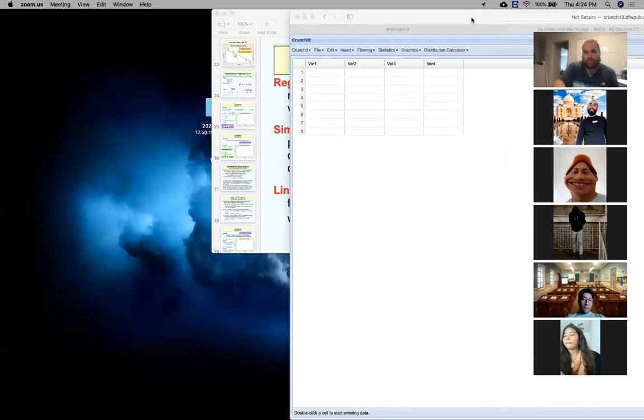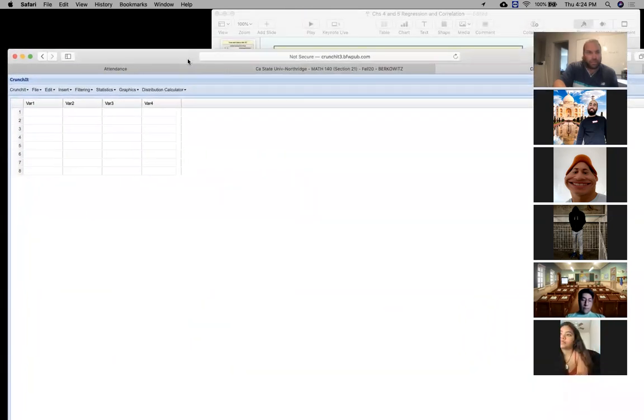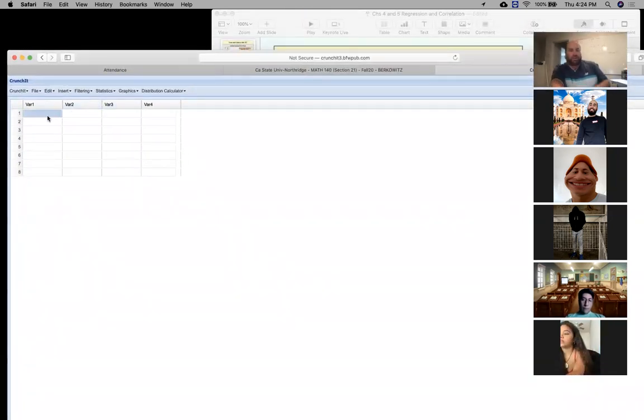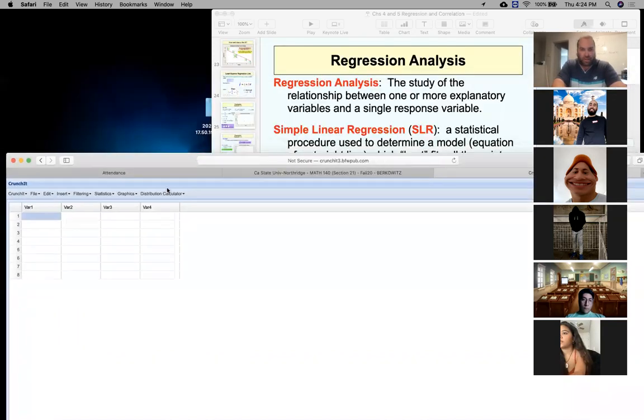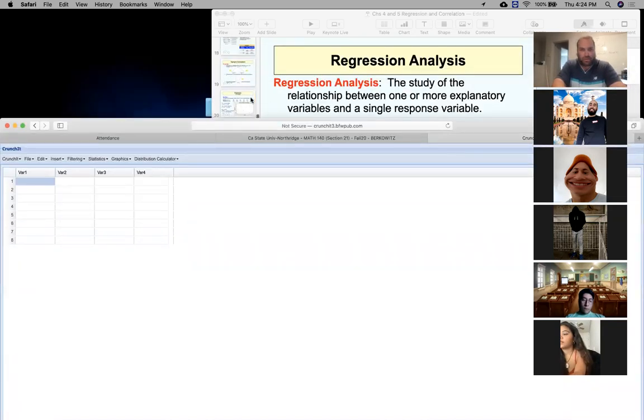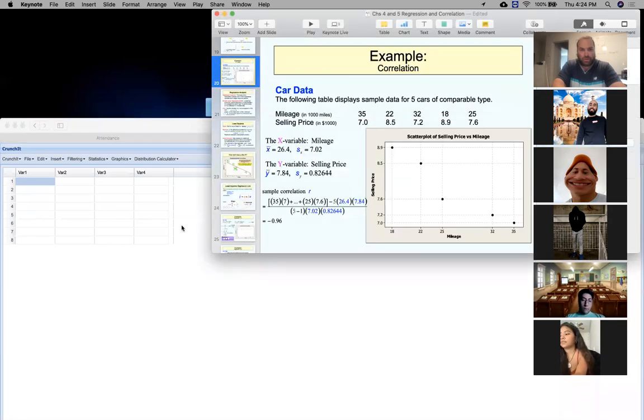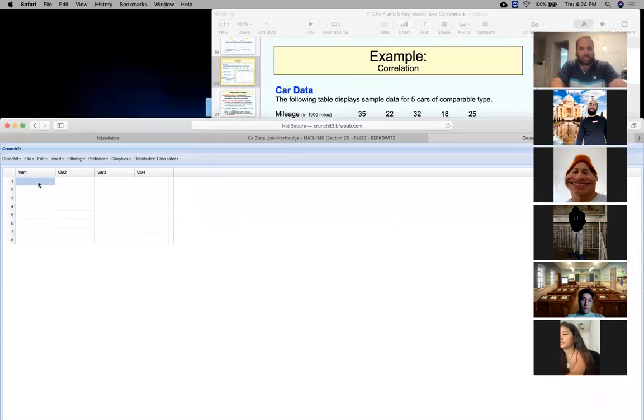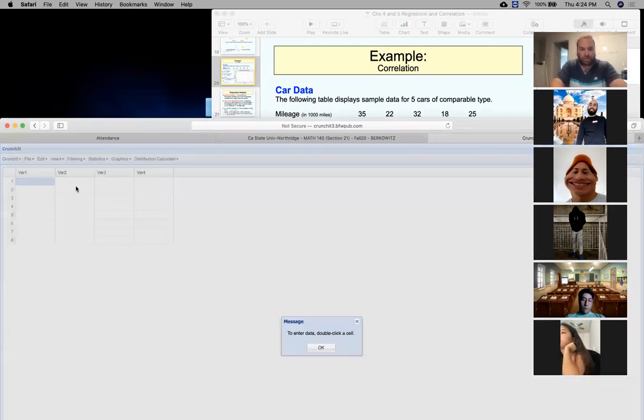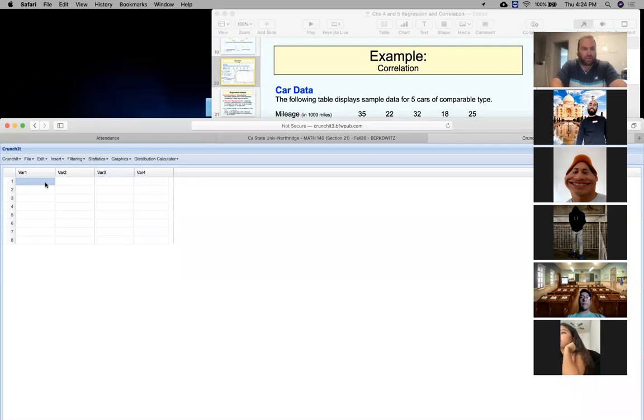So here is Crunch It. Let's start by putting in our data. How do you put in data? Enter data, double click.